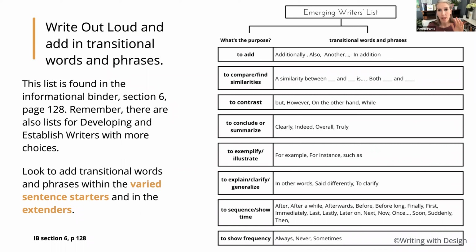So after examining this point, we're going to add in this one, or once that step is complete, and we move into this one. So the more subtle phrases can be built by a lot of the words that you see in that sequence and show time section. So star that one. Keep all these handy though, because you see you've got the purpose down the left column, and then transitional words and phrases there that are used for the purpose on the left.